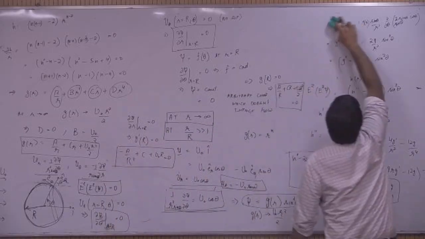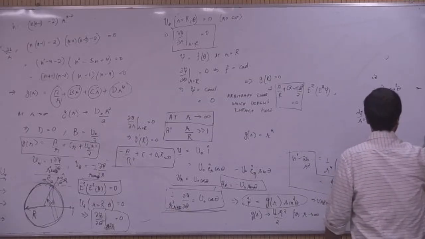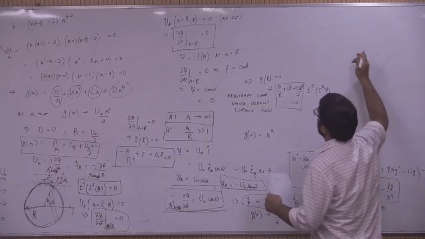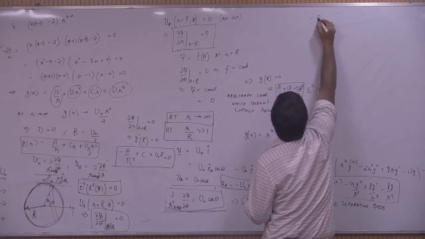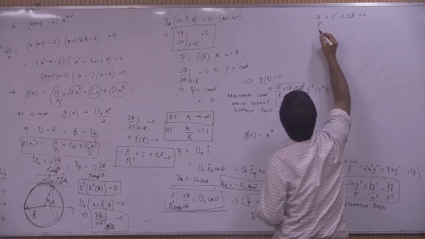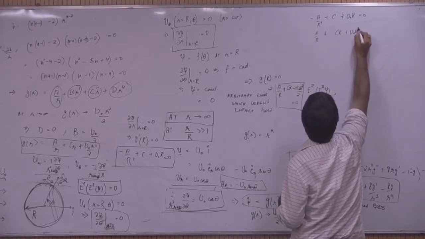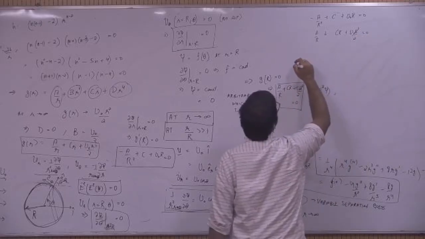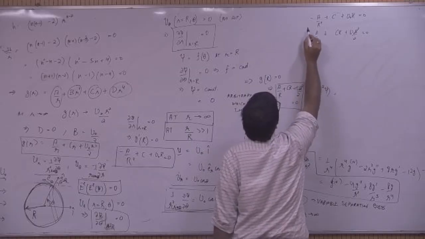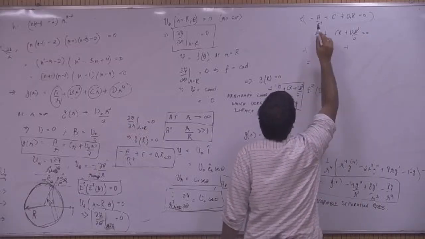Let me get rid of this part. So we have minus a by r square plus c plus u naught r equals 0, and a by r plus cr plus u naught r square by 2 equals 0. So I can solve for c here, right? I can multiply this with r and I can add them. These guys will cancel out.